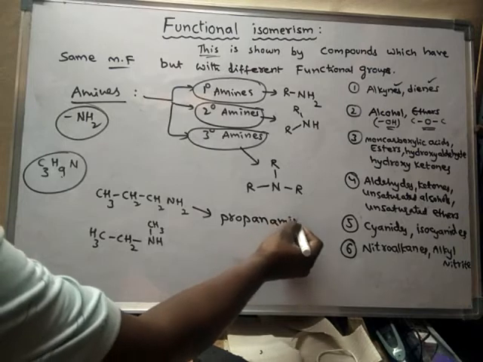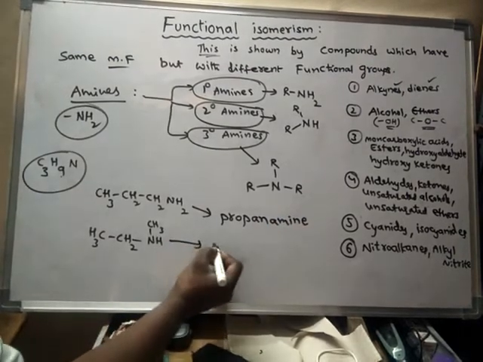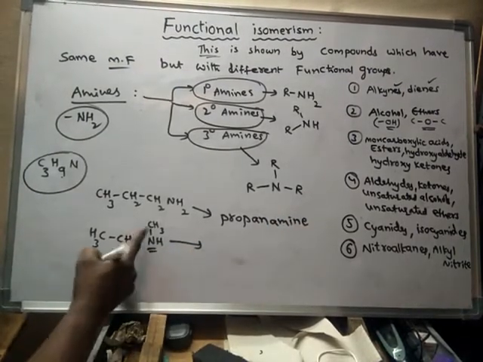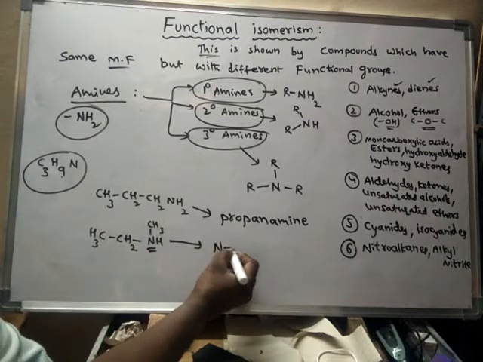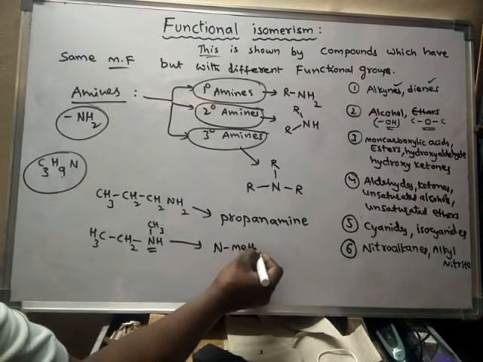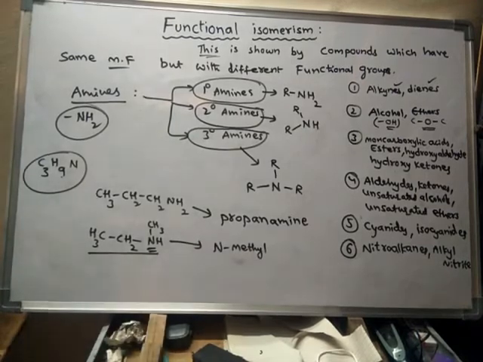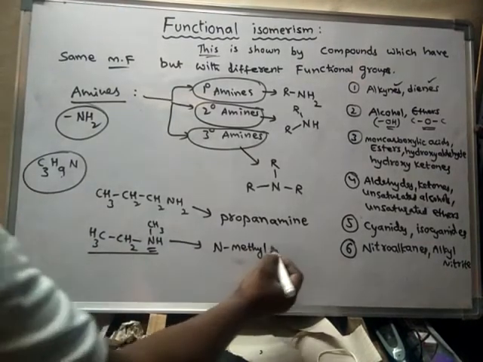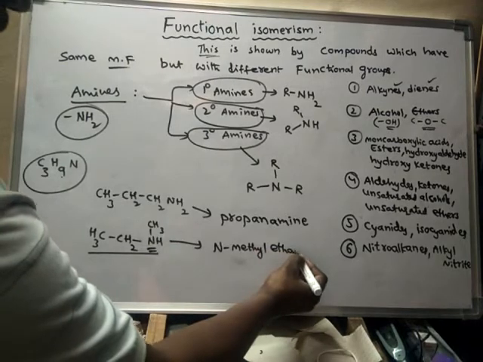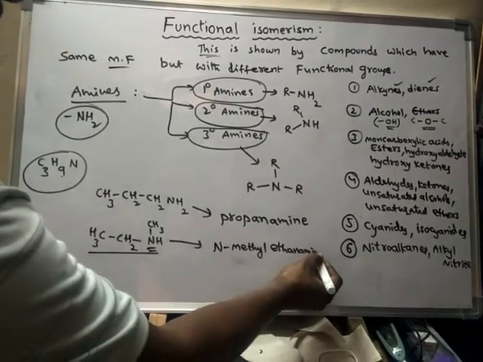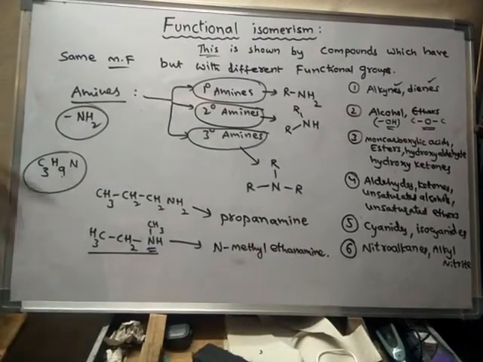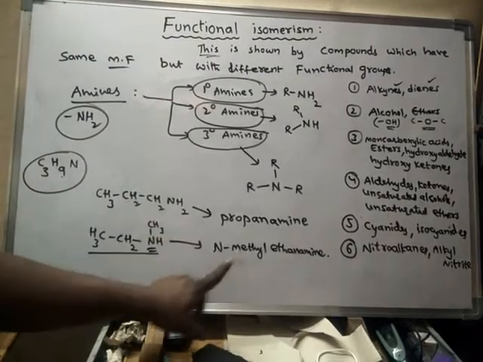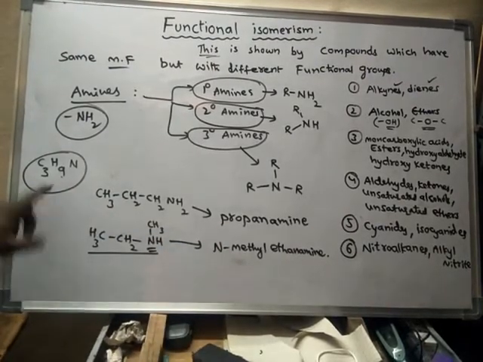The name of this one is, on nitrogen a methyl group is present, hence N-methyl. The base compound is ethanamine. So N-methyl ethanamine and propanamine both have the same molecular formula.